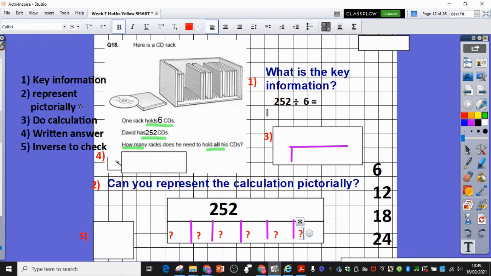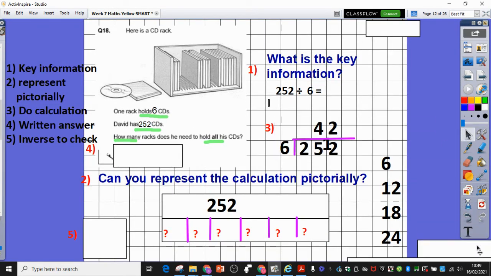So represent it pictorially, I've done that one. Now I've got to do that calculation. I've already done it here, but I'll talk you through it. Because we're using a short division method, my 252 is going to be divided by 6.